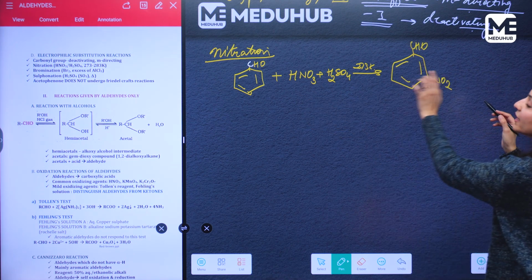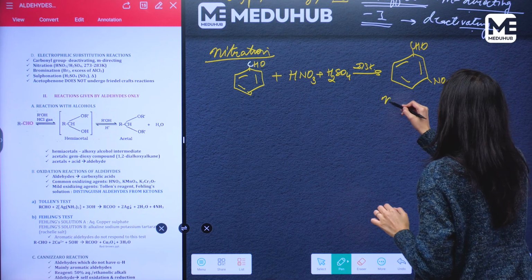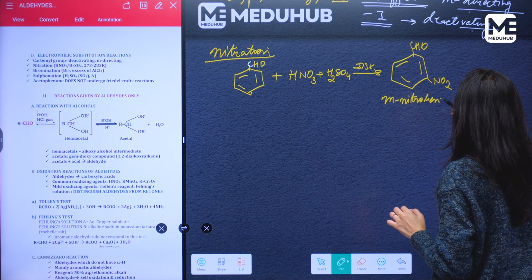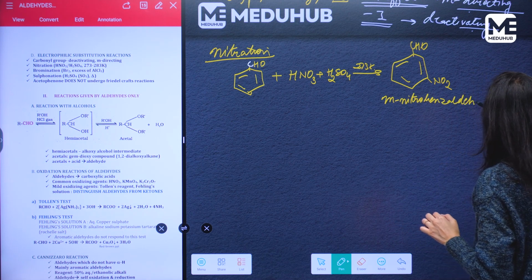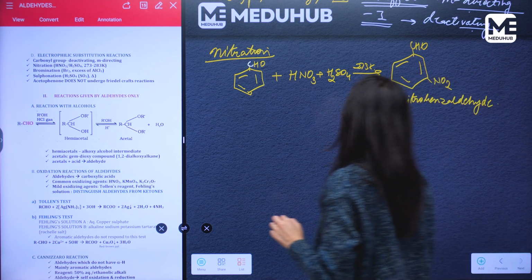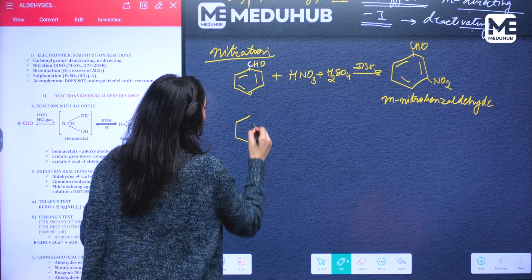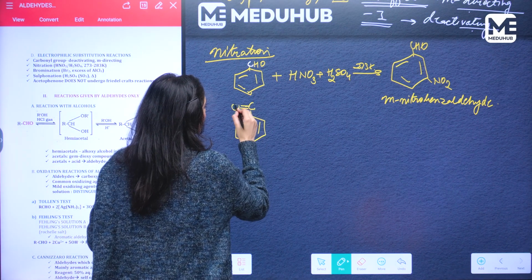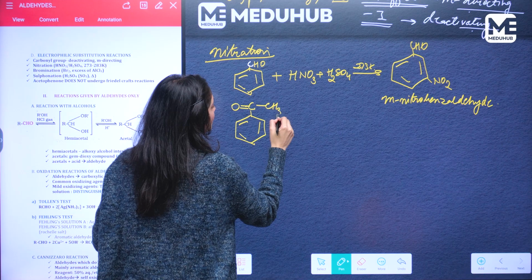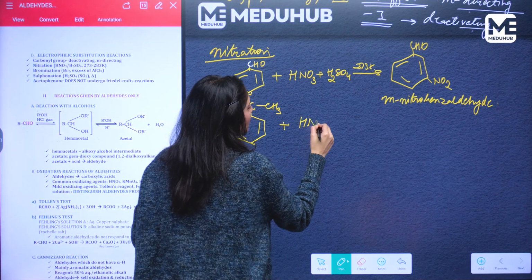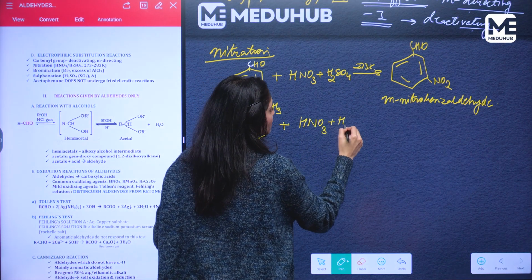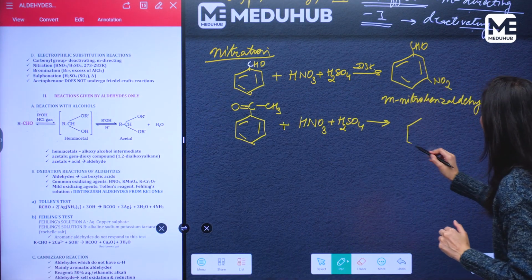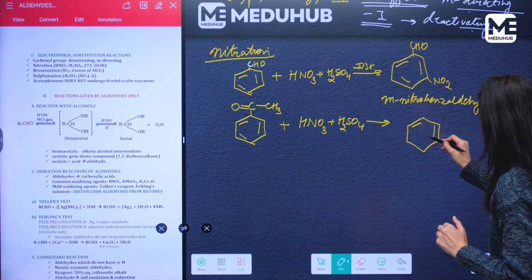So the nitro group will get attached to the meta position. This would be meta-nitrobenzaldehyde. Similarly, if we have acetophenone combining with HNO3 and H2SO4, we will get meta-nitroacetophenone.